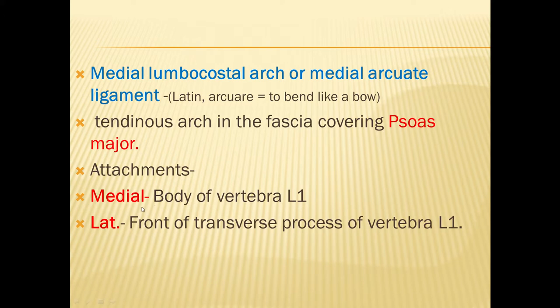From the medial side, it arises from the body of the first lumbar vertebra, that is L1, and laterally it is present till the front of the transverse process of L1. So the medial lumbocostal arch arises from the body of L1 and laterally is up to the front of the transverse process of L1.